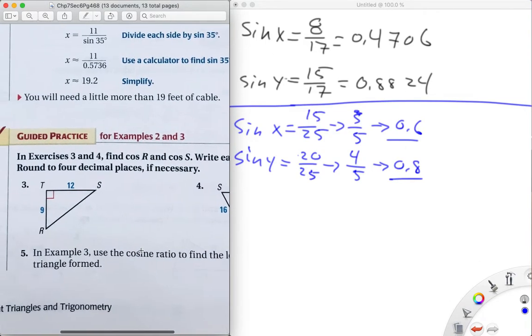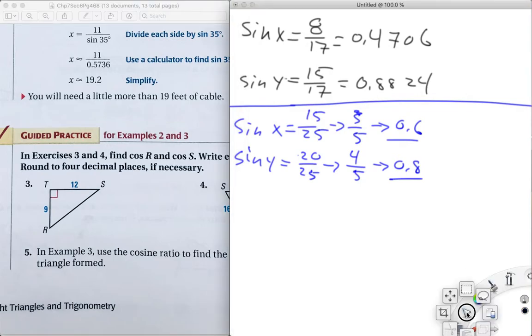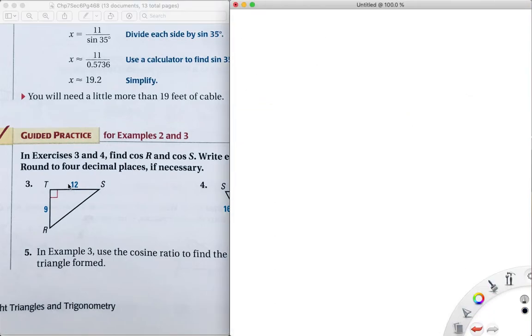Here they want us to find the cosine of R and S, but we have a missing thing. We're missing the hypotenuse. So the first thing we're going to do is use the Pythagorean theorem to find what the hypotenuse is. So that's going to be the square root of 9 squared plus 12 squared.